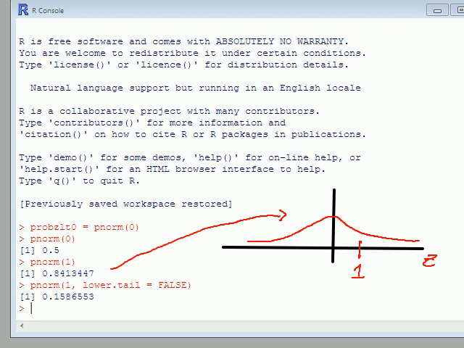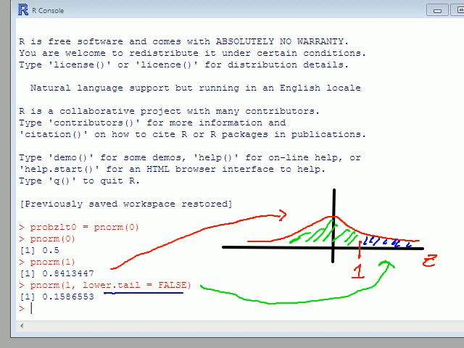Here's 1 right here. So when I put that in, I just got this value right away. Now when I say lower tail, obviously this is a lower tail here, I say lower tail is false. I've mixed up my color scheme. Blue. I got this value, and I got it automatically by just writing lower tail equals false.